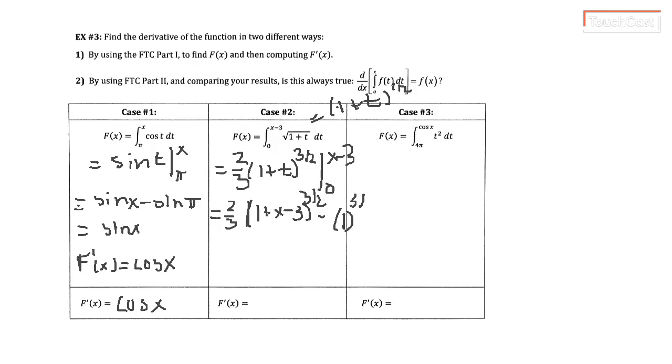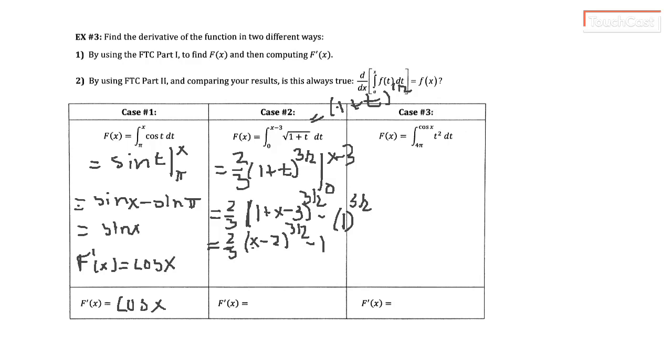Now, let's simplify everything. We're going to have 2/3 times x minus 2 to the 3/2 power minus 1. Pretty reasonable.